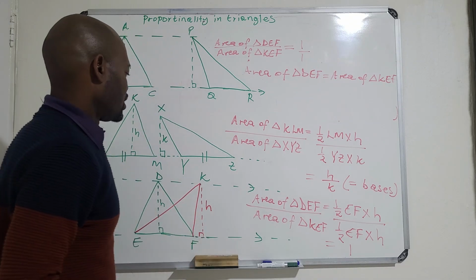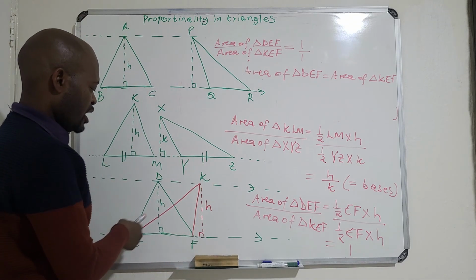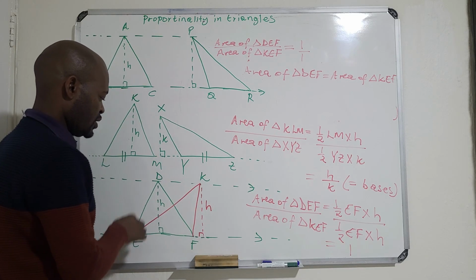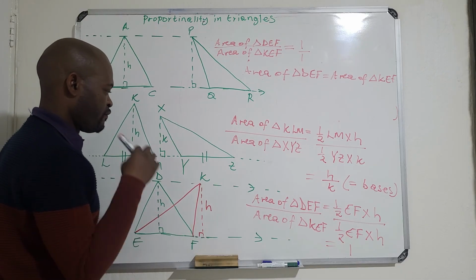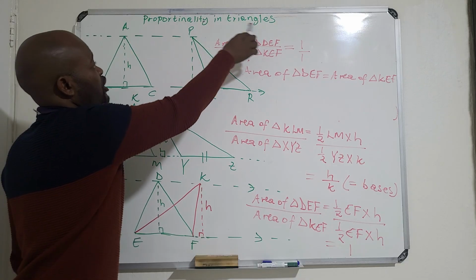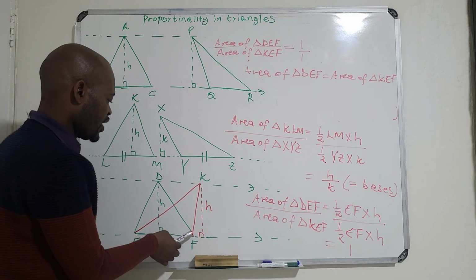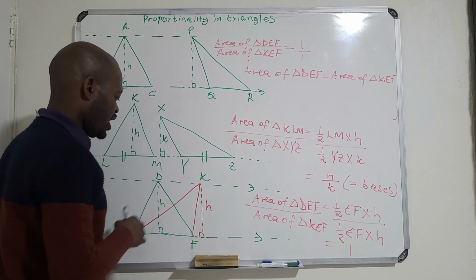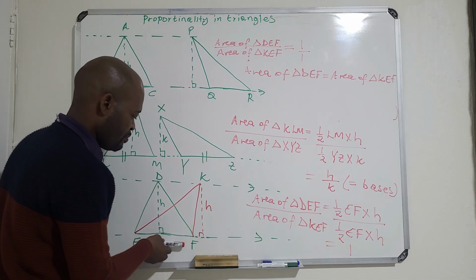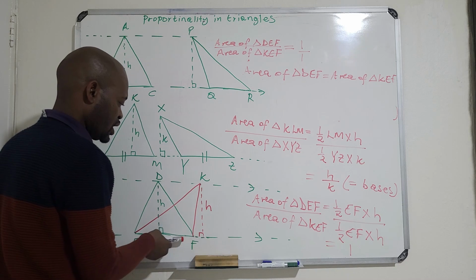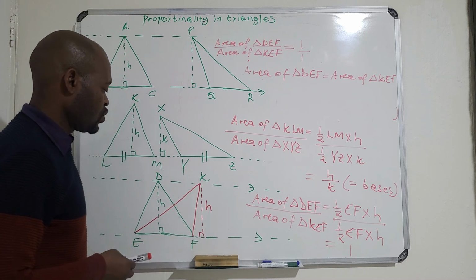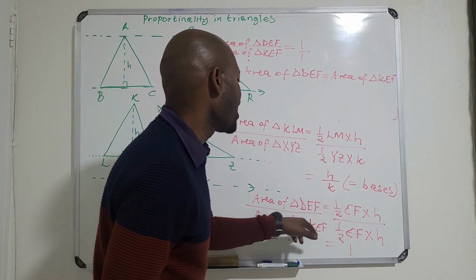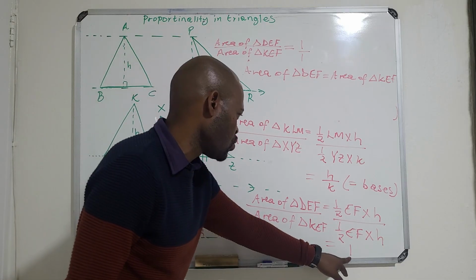This simply means that if two triangles have the same base and the same height, their areas are equal. How did we get that? We used the proportionality of triangles, where the areas are in proportion to their base and height, and the height is equal and the base is equal. Therefore, the area of triangle DEF over the area of triangle KEF is equal to 1 in this case.